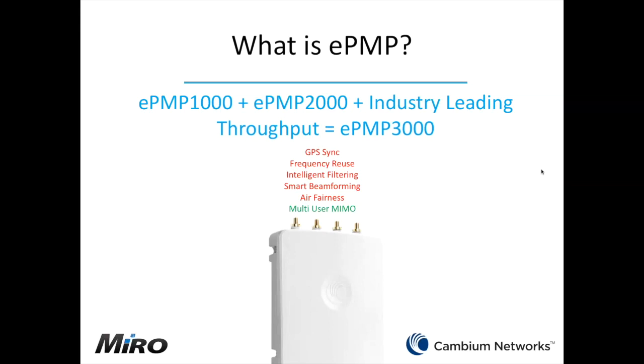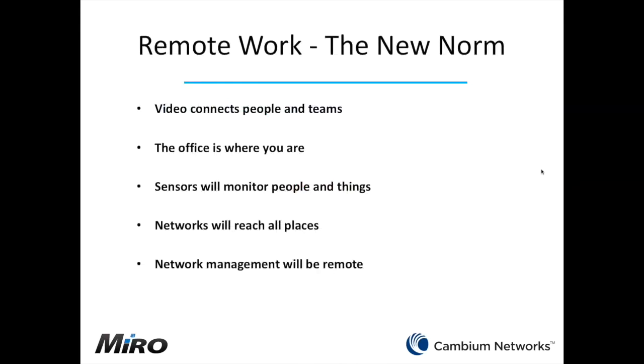Those created a fantastic foundation for us to look towards doing the ePMP 3000. So the ePMP 3000 encapsulated all of those features, and they just pretty much added industry-leading throughput, which is largely attributed to multi-user MIMO.